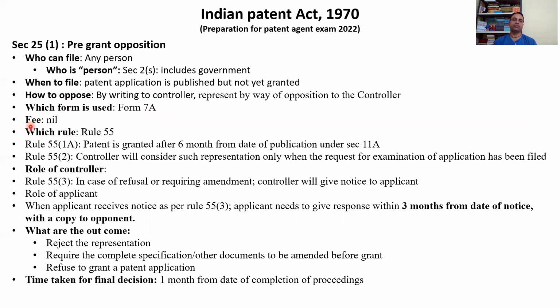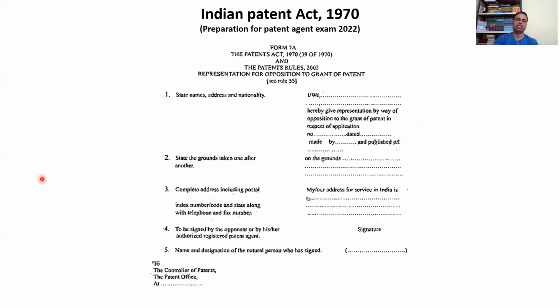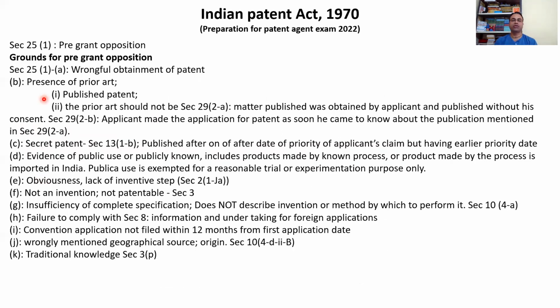And then you can say that these are the criteria for the pre-grant oppositions. Then you need to write all this from A to K. Don't reverse these numbers. Don't write B as secret patent and C as evidence of prior use. You need to write A, B, C, D as it is given here.